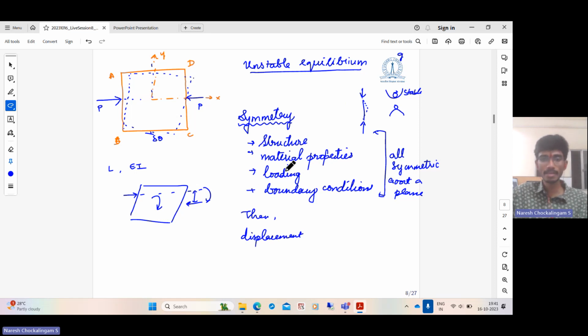If they are all symmetric about, in this case, the x-axis and the y-axis, then the displacements, bending moments, shear force, all internal forces, reactions, etc., all the unknowns, are also symmetric.